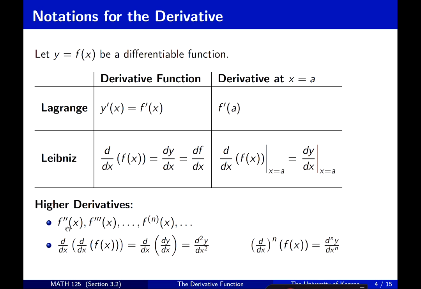And so when you're trying to do a second derivative, that means you take the derivative of f of x once. See, the inner part is the derivative of f of x with respect to x. And then you take the derivative of that one more time. That's the second derivative. The other way of saying that is you take the derivative of y with respect to x, and you take the derivative of this new function, the derivative function, with respect to x another time.